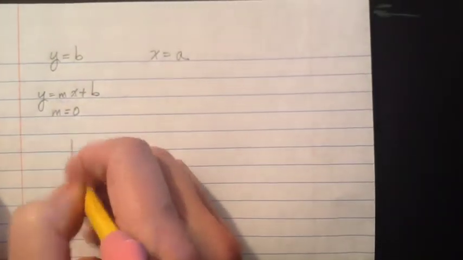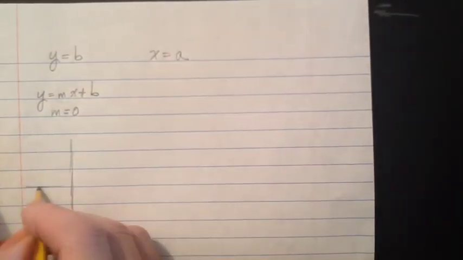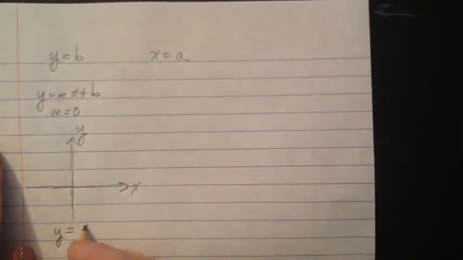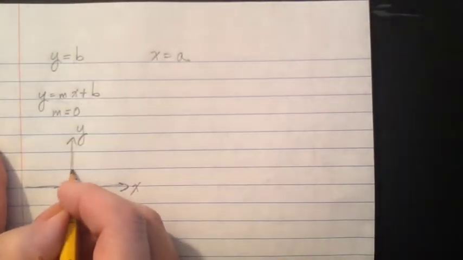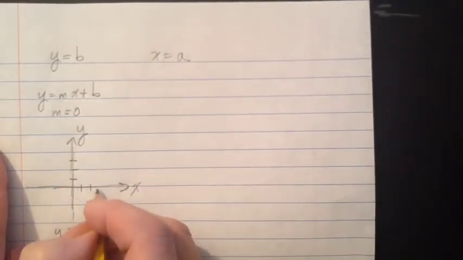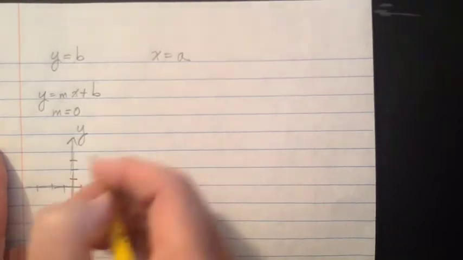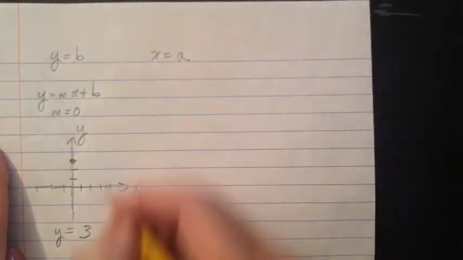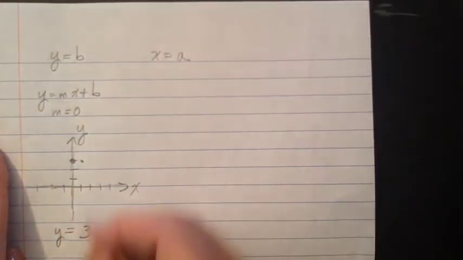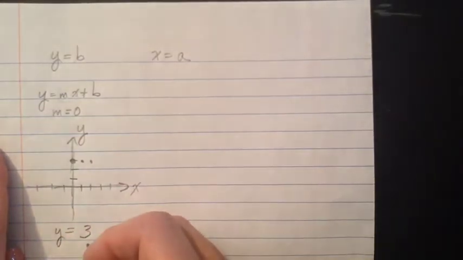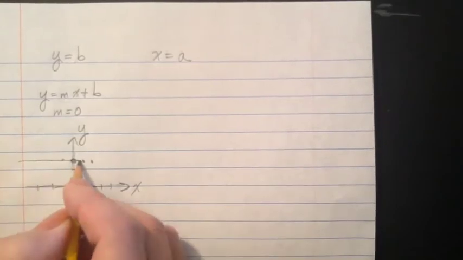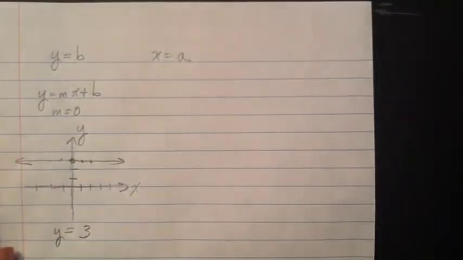Let's take another way to look at this. Let's actually make a little graph here, x, y, and let's just say y equaled 3. 1, 2, 3. Put some tick marks here. So y would equal 3. Well, what if x equaled 1? What would y equal? It would just equal 3. What if x equaled 2? Y would equal 3. It doesn't matter what x equals. Y always equals 3. This becomes a horizontal line through 3.